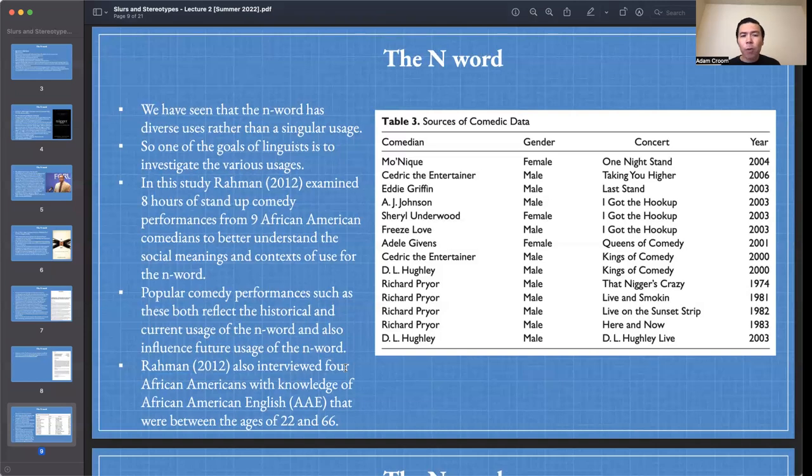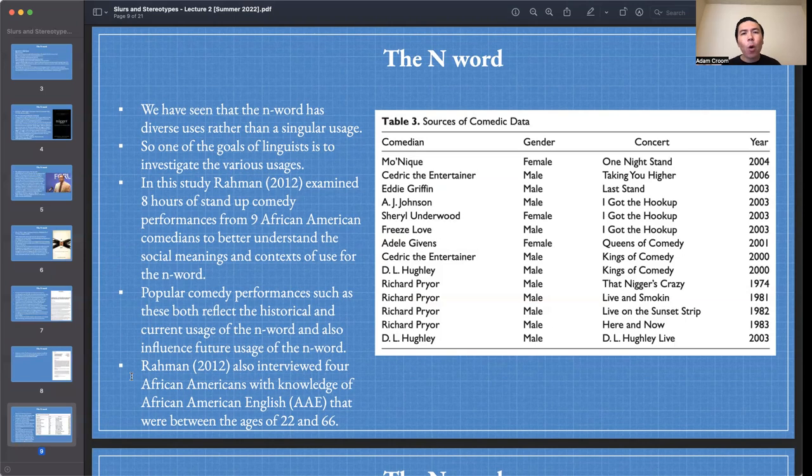Furthermore, Rahman also interviewed 4 African-American individuals that were knowledgeable in African-American English, or AAE. Okay, and these participants were between the ages of 22 and 66 years old. And African-American English, or AAE, is often also considered Black English, African-American Vernacular English, or AAVE, AAE, Ebonics.